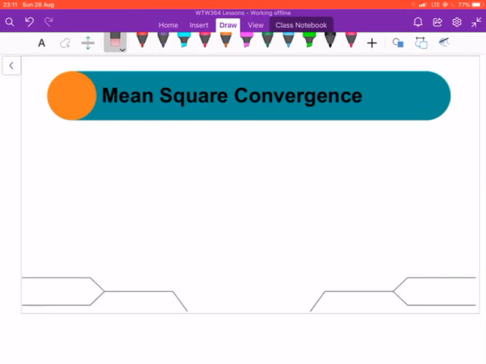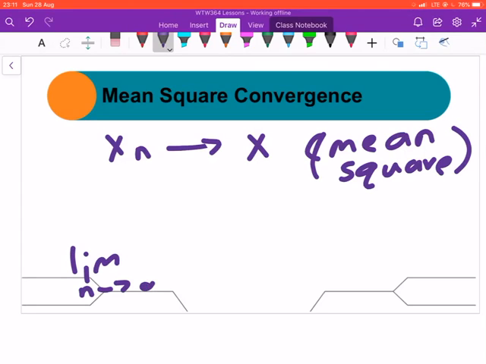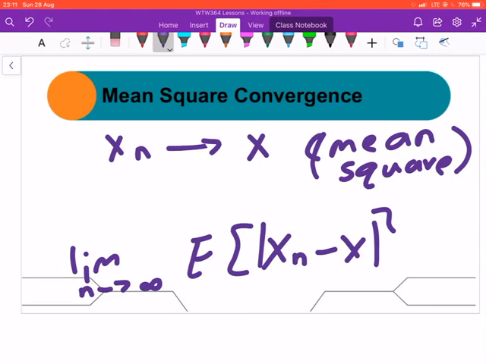So here it is. For mean square convergence, we say that xn converges to x in mean square if the limit as n goes to infinity of the expectation of (xn minus x) squared is 0.